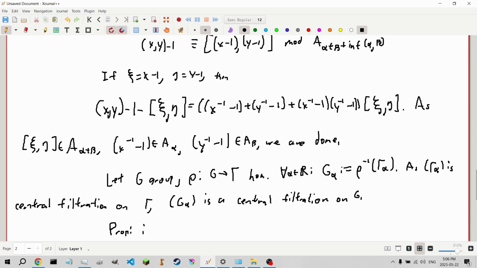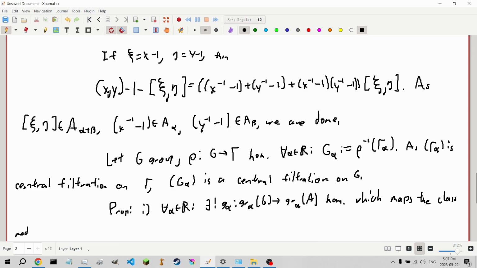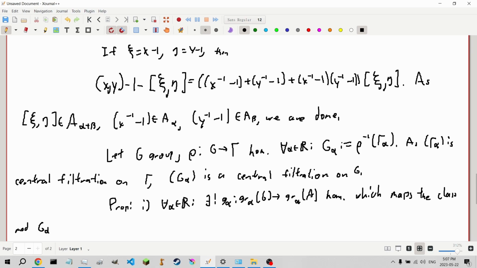Proposition: Part 1. For all real alpha, there exists a unique group homomorphism G alpha from GR alpha of G into GR alpha of A, which maps the class modulo G alpha positive of some element A inside G alpha to the class modulo A alpha positive of rho of A minus 1.